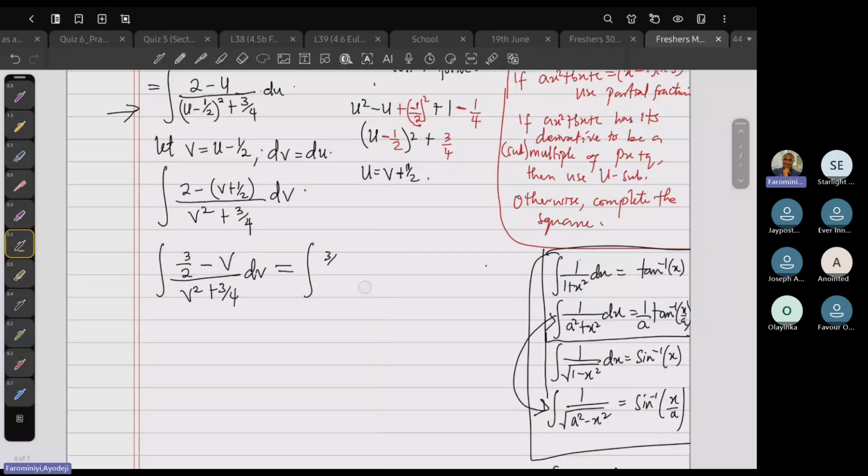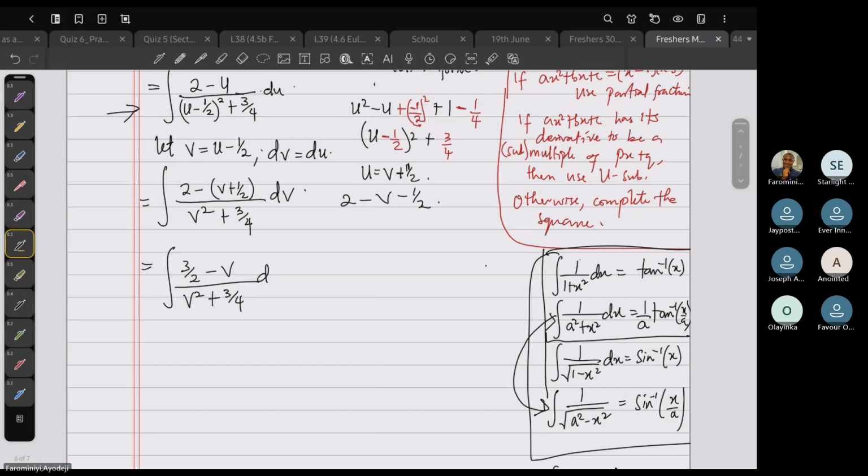Okay, so let me clean this step. So this is 2 minus v minus 1 over 2, and 2 minus 1 over 2 is 3 over 2. So I can write that as 3 over 2 minus v over the denominator, which remains the same, v squared plus 3 over 4.